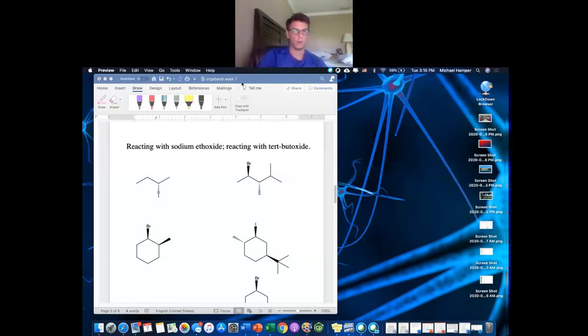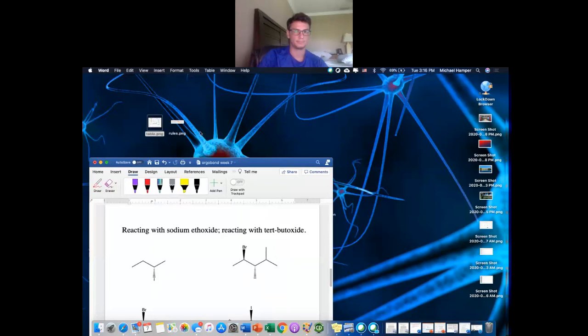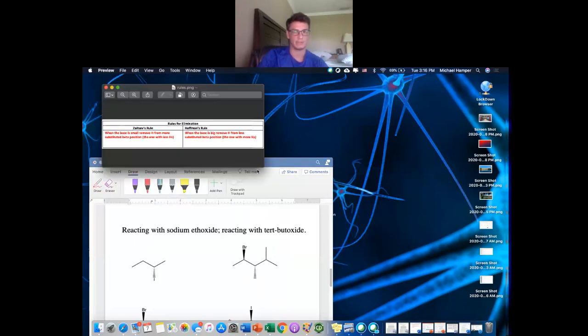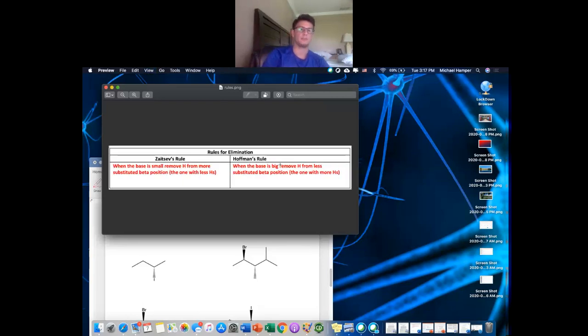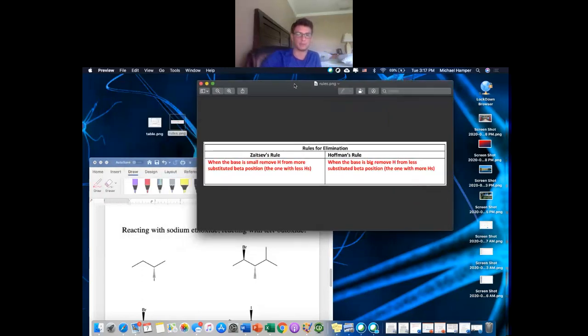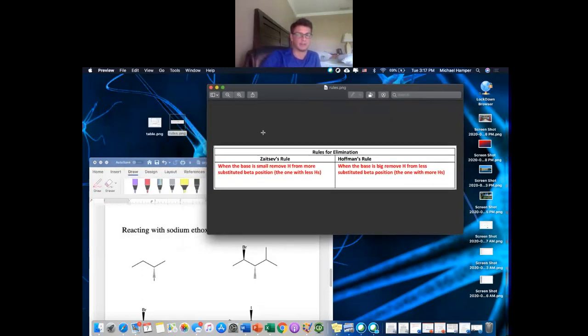But you have one other thing to look at, and it is your Hofmann Zaitsev rule. Your Zaitsev rule states that if you have a small base, the base will attack a hydrogen that is in a more substituted position. Okay, so that makes sense, right? If you have something that is smaller, you're able to fit it into something that is more crowded.